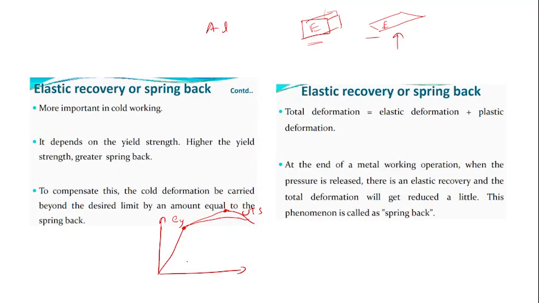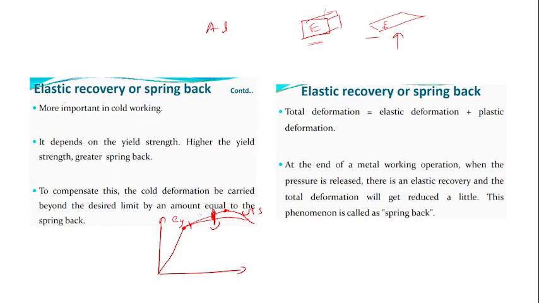So to deform bulk, you have to go up to here, below UTS. After yield strength, you have to go further to deform the bulk material. But for the sheet material, after you reach yield strength, you'll go a little further and you'll be able to deform your sheet metal.